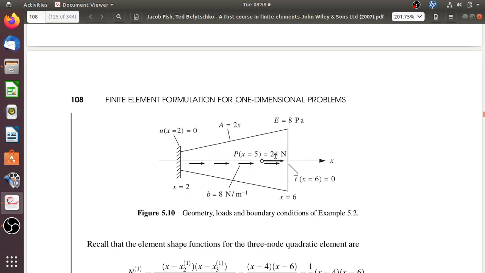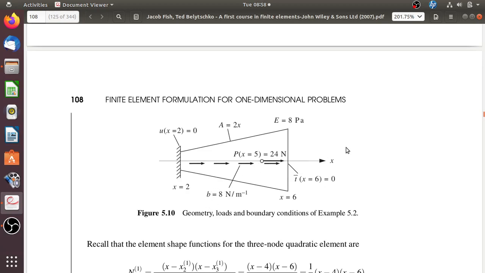So here that function is p into delta, the Dirac delta function, delta of x minus 5. So 24 into delta of x minus 5, that is the force I am going to account in the place of b.